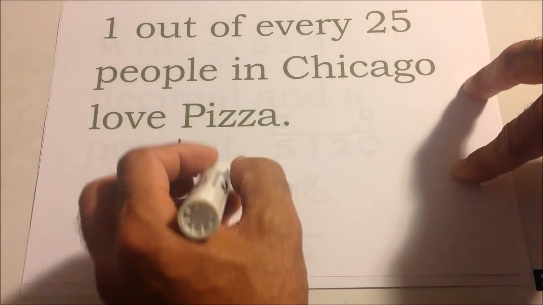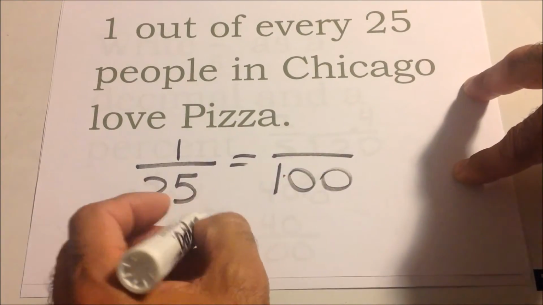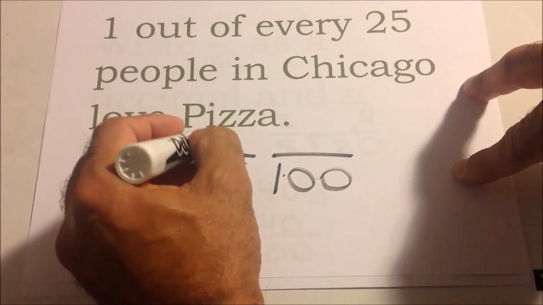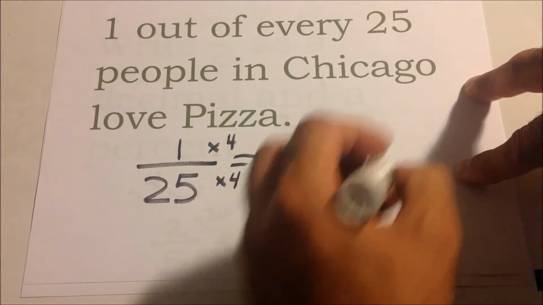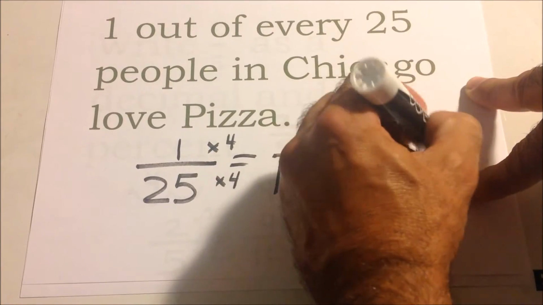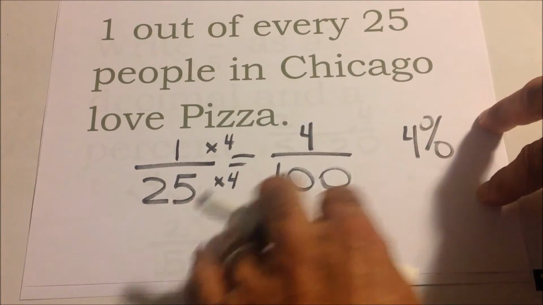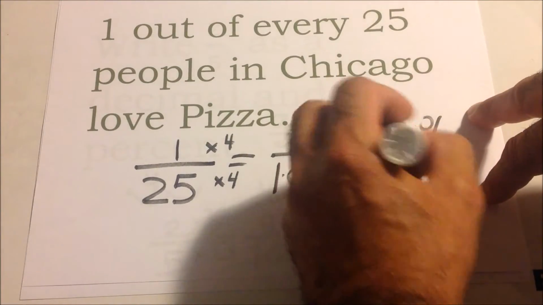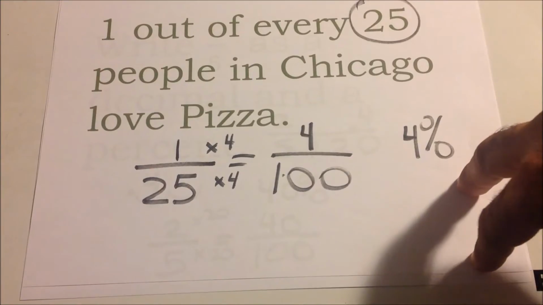Okay, well, again, you're trying to get an equal ratio with 100. 25 times 4 is 100. So 1 times 4 gives us 4, so that's 4%. So if we believe this, then 4% of the people in Chicago love pizza.